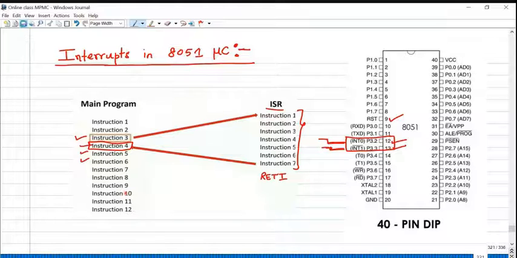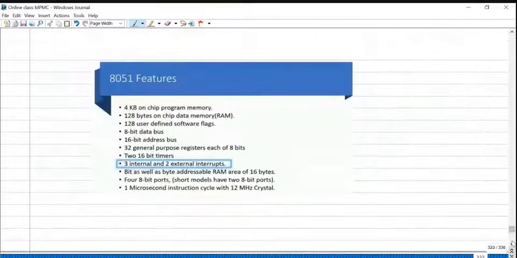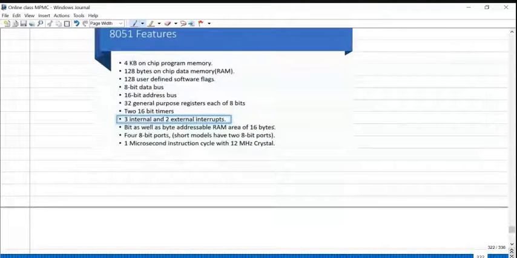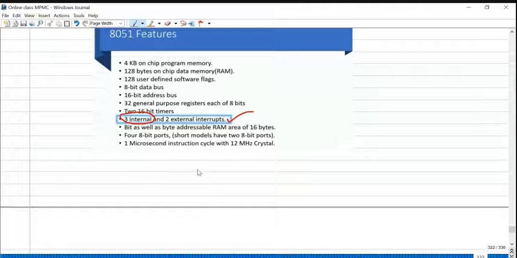So apart from the external interrupts, what other interrupts exist in the 8051 microcontroller? Two external interrupts and three internal interrupts. What are those three internal interrupts? Already we studied in timer counter, the timer overflow flag bits TF0, TF1, for timer 0 and timer 1. And for serial communication, whenever a byte of information is transmitted successfully, the transmit interrupt flag bit.